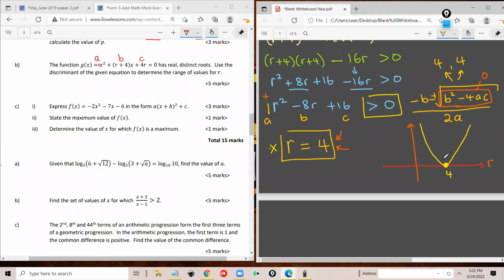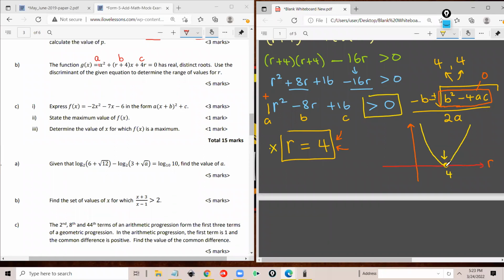So tell me something. At this dot over here, is the graph above the x-axis? It's a yes or no question. At exactly 4, is it above the x-axis? The answer is no. Remember, above means above the x-axis, right?